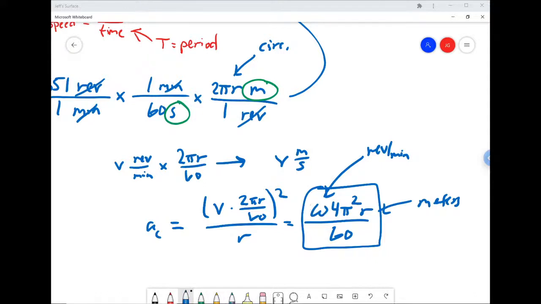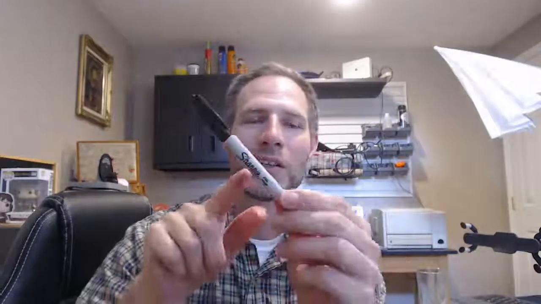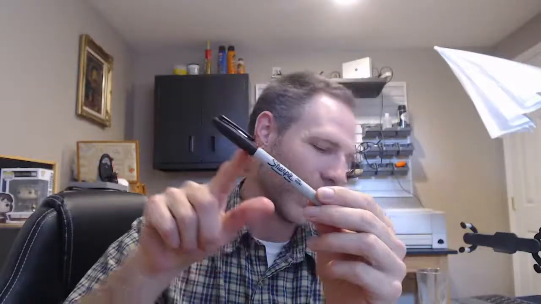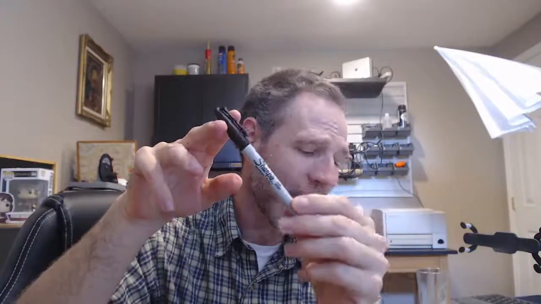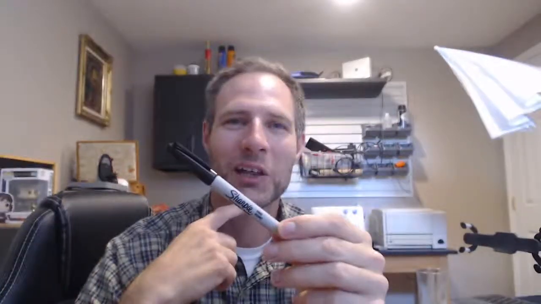What this is telling us is that the centripetal acceleration in cases like this is a function of r. So objects that are further out have a greater centripetal acceleration than objects that are close in.